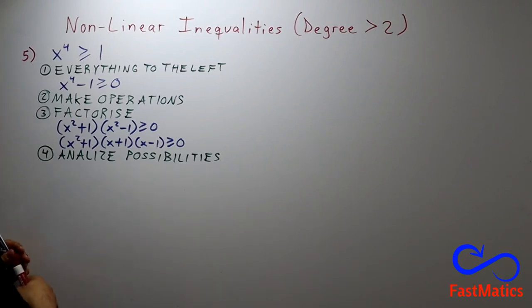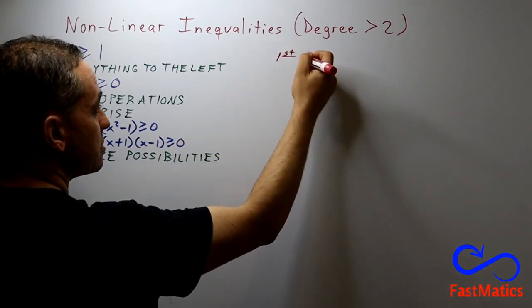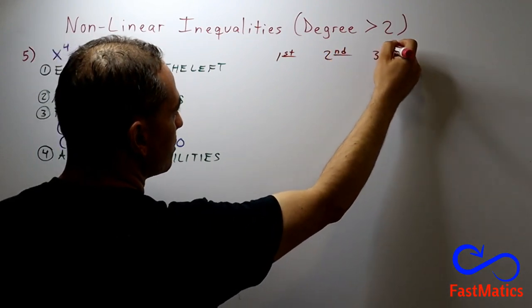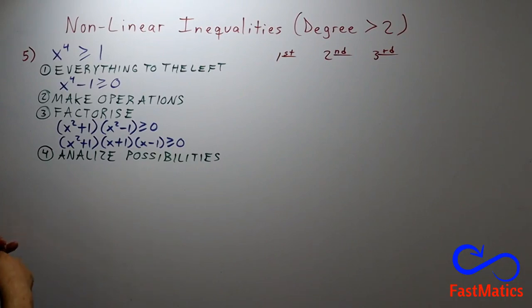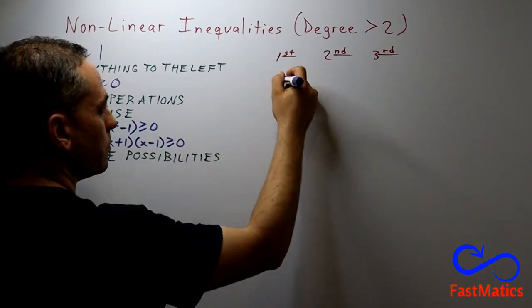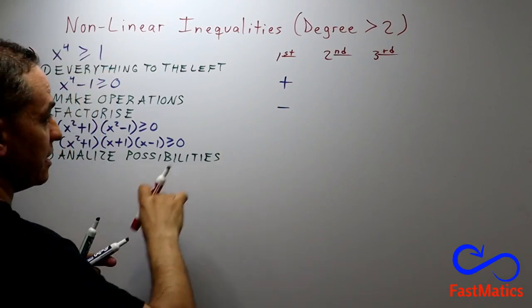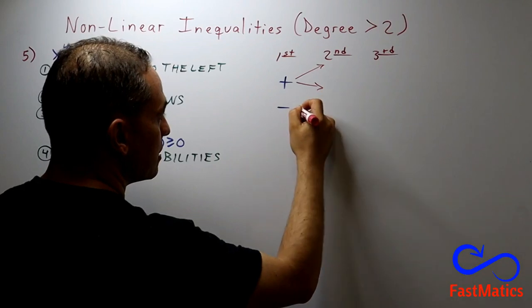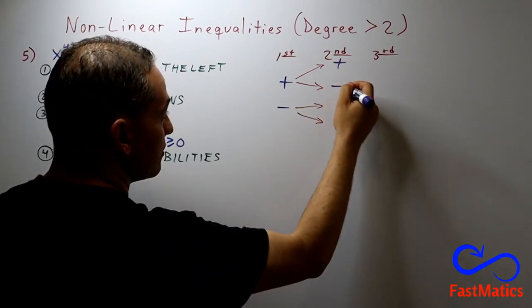I have the first parenthesis, the second parenthesis, and the third parenthesis. The first parenthesis can be positive or negative. And if it is positive, the second parenthesis could be positive or negative.